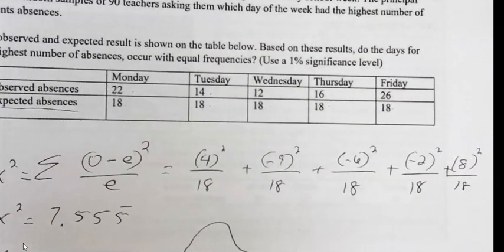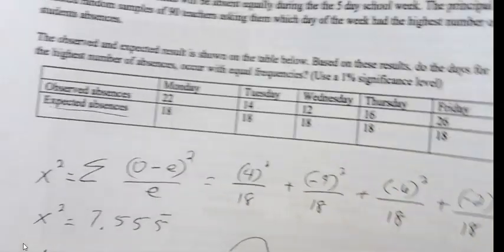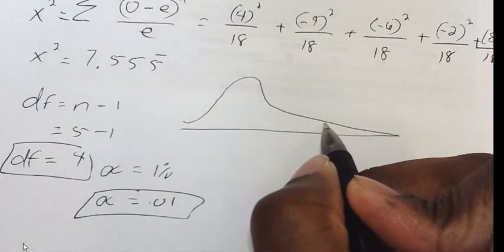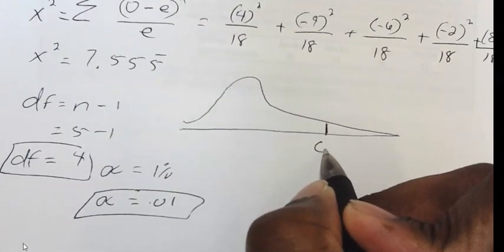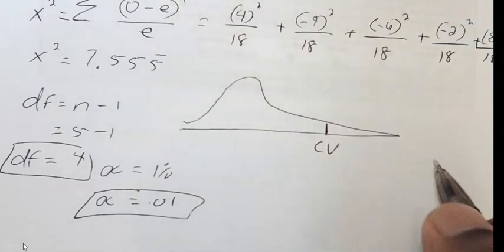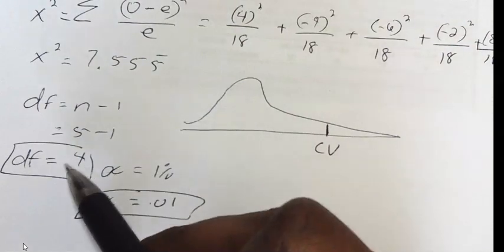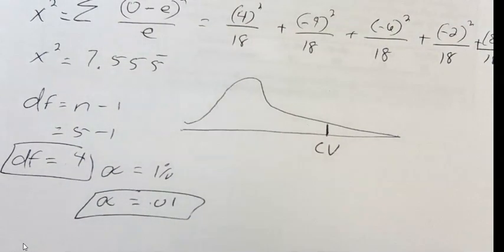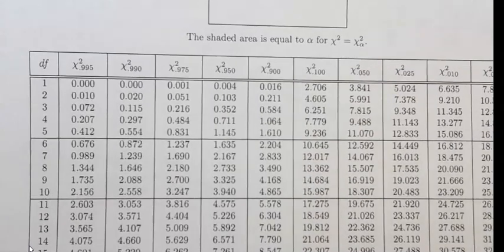We can use that to find our critical value on the chi-square table. Now this number on the chi-square table is our critical value, the right CV. We're going to find that number by using our degrees of freedom and our alpha level, our significance level. All right, so here's our degrees of freedom. In this case, it was 4.